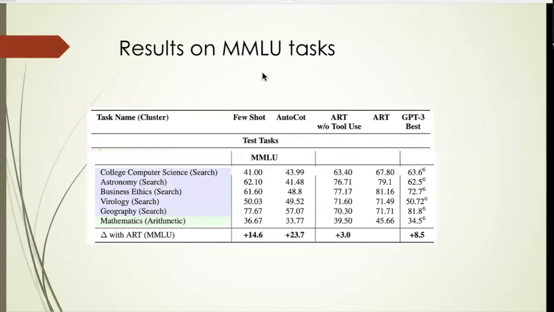And another very common benchmark is MMLU, the language understanding benchmark. And again, they are able to show a big improvement against the few shot and also GPT-3 at that time. Because some of the tasks, as you can see, also include arithmetic ones, right?